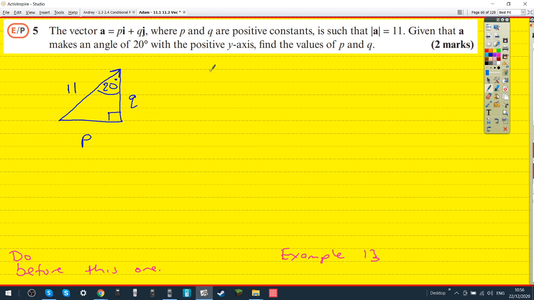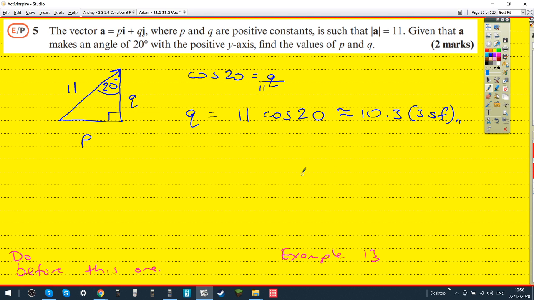So it'd be cos 20 equals Q over 11. And you'd multiply by 11 on both sides. So 11 cos 20 equals Q, which gives you 10.3. Okay. And then could you use TOA? No. Well, yeah, I suppose.